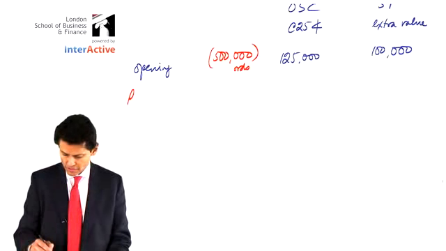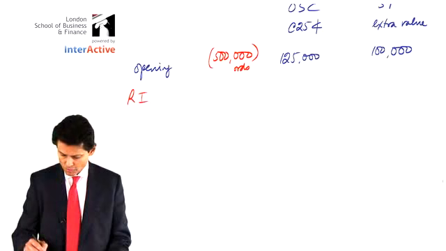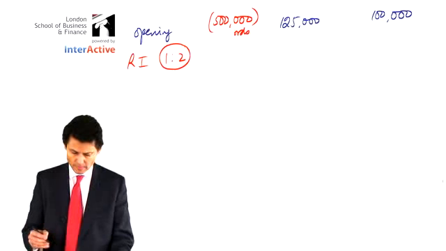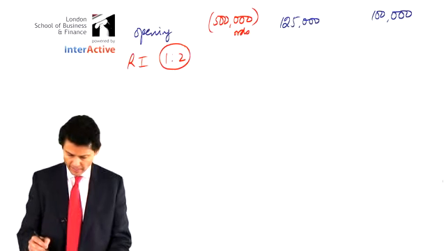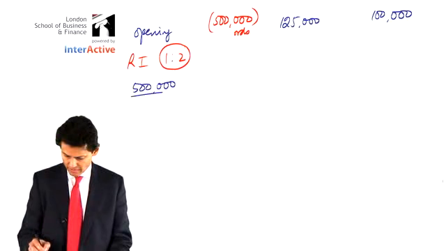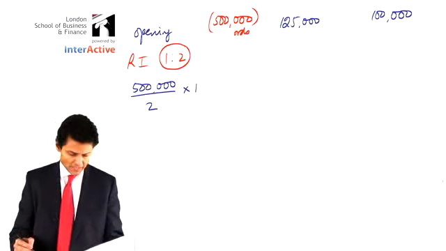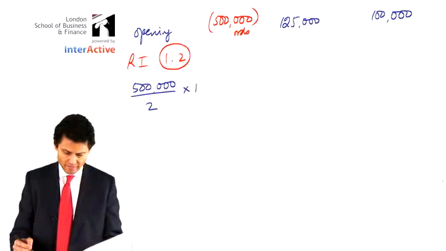And then you've got your rights issue. Rights issue 1 for 2, which is obviously 500,000 divided by 2 multiplied by 1. So there's the rights issue, apparently 1 for every 2.